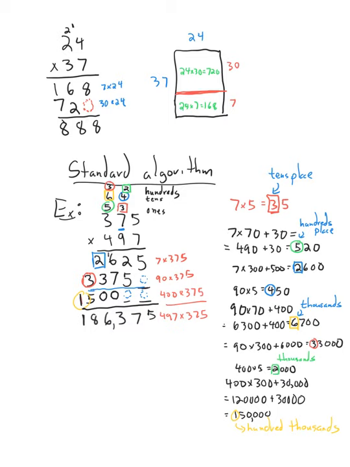But the key here, I just want to make sure that these carries that we're doing actually have a place value attached to them. And that's important when you're teaching the standard algorithm to students. A lot of students will make mistakes with what's going on here, or they won't understand.